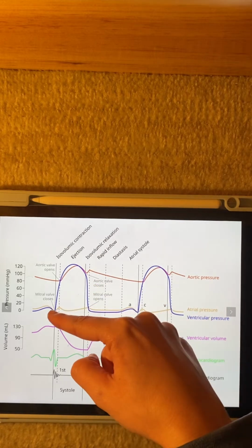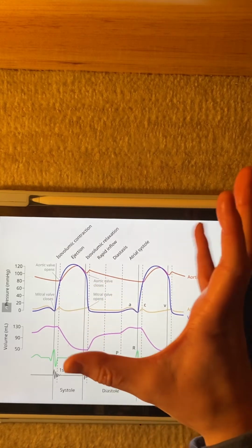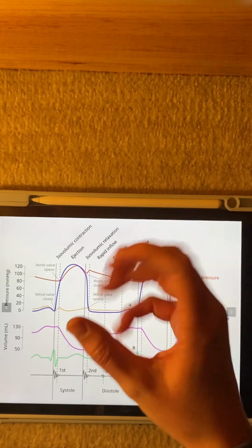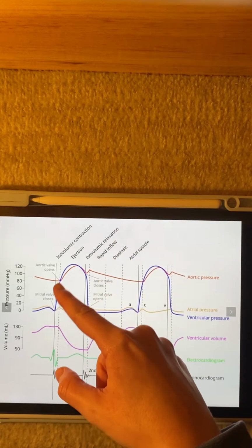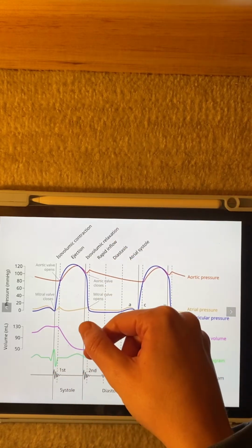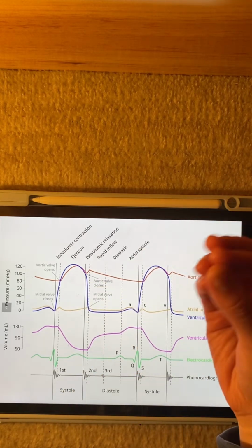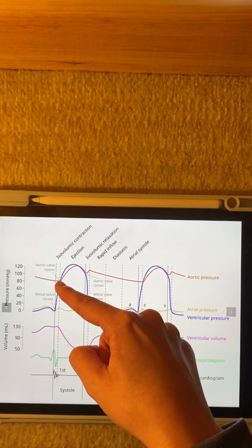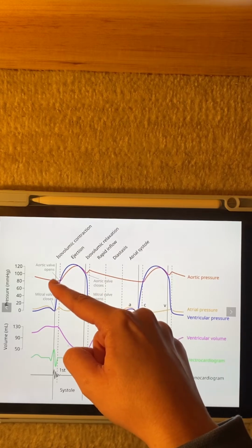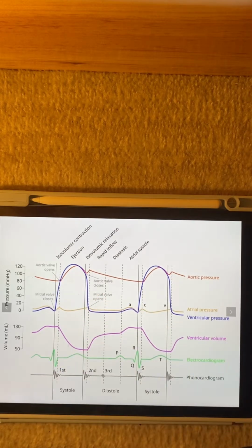Now, once our ventricular contraction is enough to build up ventricular pressure enough to beat our afterload, which is the back pressure on the aorta, our aortic valve is going to open.